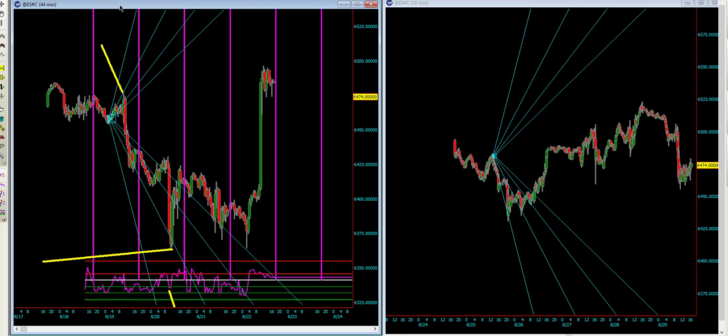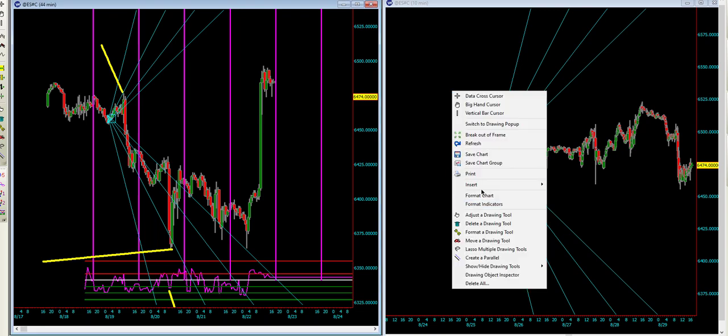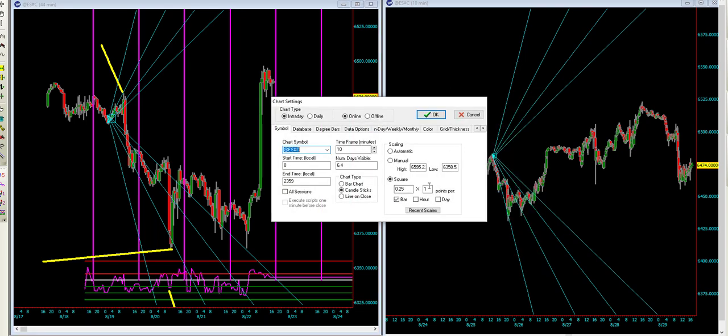At the same time, we're going down to 10-minute chart, as you can see here. On 10-minute chart, as we have configured 0.25 by 1, as you can see it again, 10-minute chart.